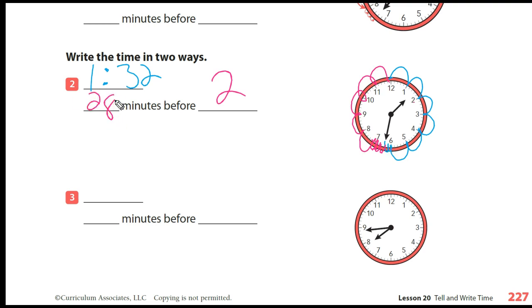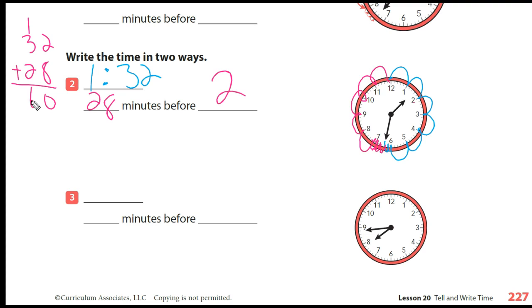There's 28 minutes before 2. By the way, if I add 32 plus 28, I should get 60, right? That's 10, carry the 1. 3 plus 2 is 5, plus 1 more is 6. Yep. That's 60. That would be correct.